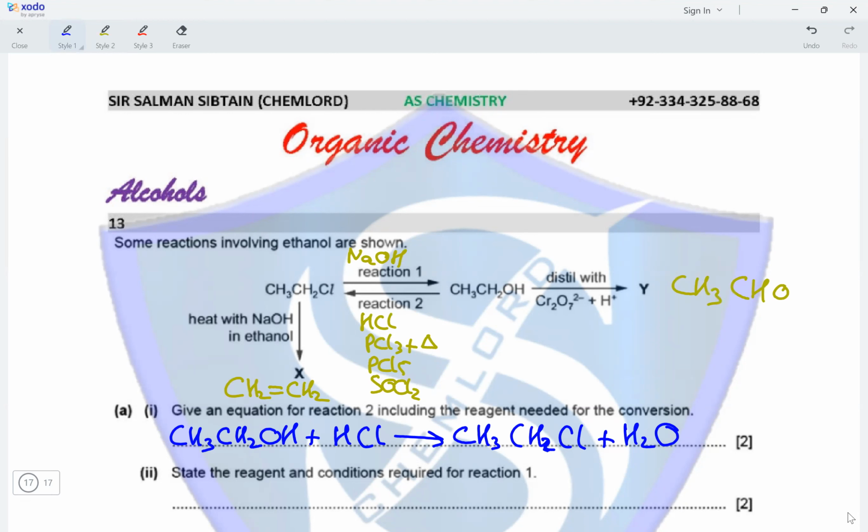State the reagent and conditions required for reaction 1. Reaction 1 would need NaOH and it would need the conditions heat under reflux for the conversion of the chloroethane into ethanol.